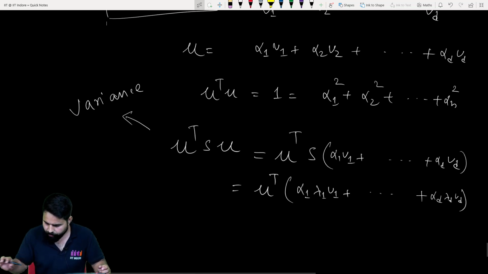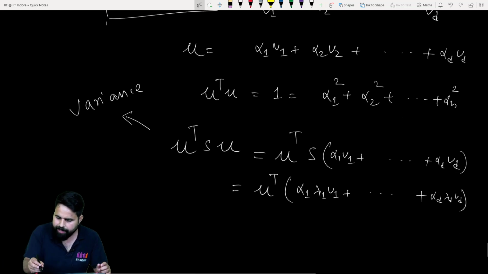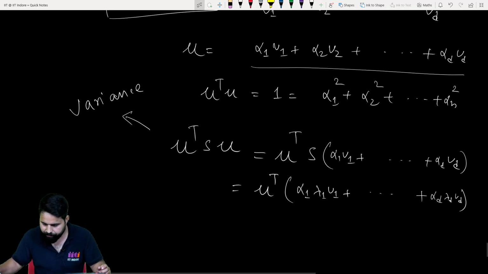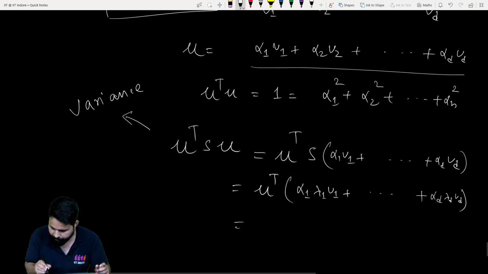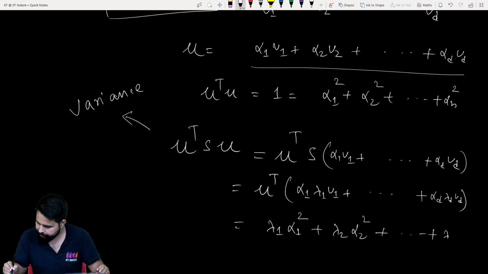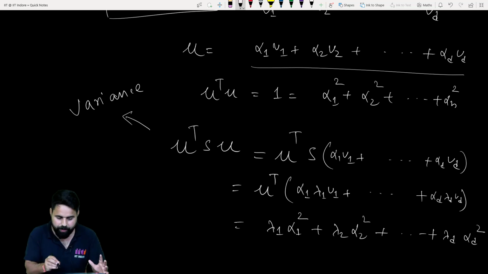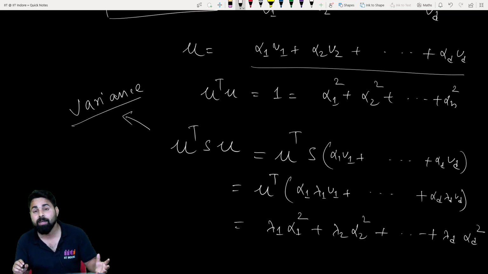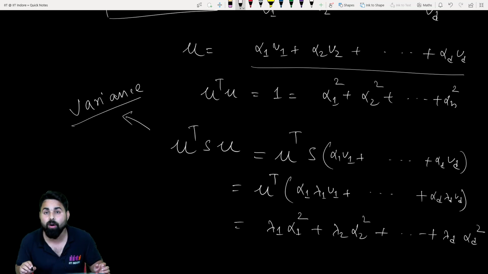So let us further solve it. Again we make use of this and come up with this expression: lambda 1 alpha 1 square plus lambda 2 alpha 2 square and so on up to lambda d alpha d square. This is just basic calculation. So basically the variance we can write in terms of the eigenvalues of your covariance matrix.